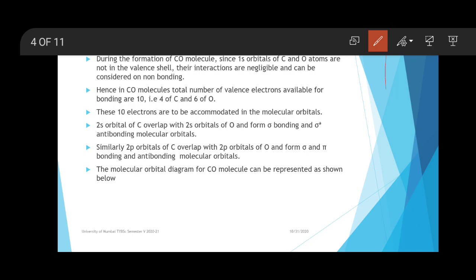So during the formation of the CO molecule, the 1s orbitals of carbon and oxygen atoms are not of the valence shell. Look here, this is another very important point. The 1s orbital of carbon and the 1s orbital of oxygen are both present in the first shell, right? And the first shell is not a valence shell, it is an inner shell, and therefore these electrons in the first shell will not contribute to the formation of molecular orbitals, and such interactions are very negligible.